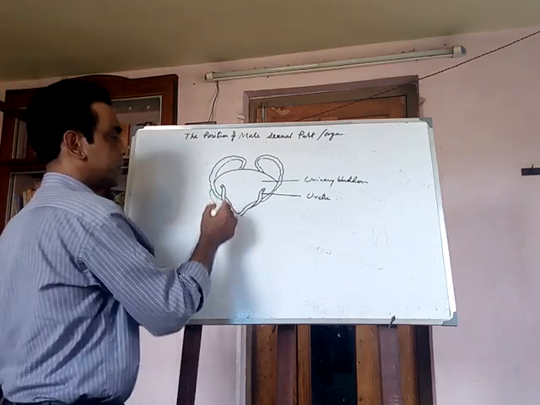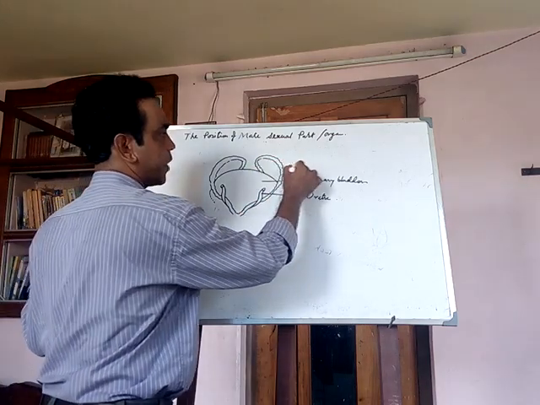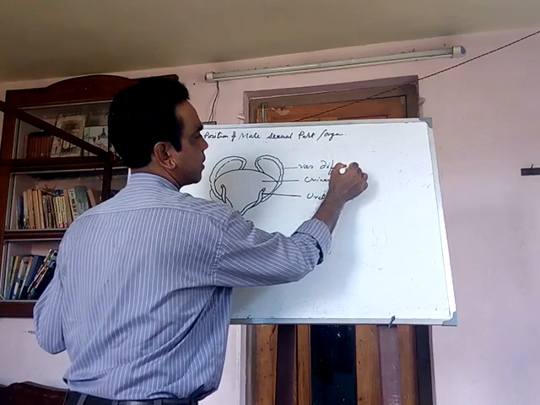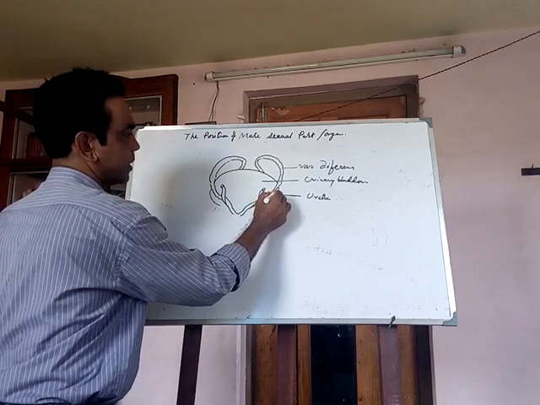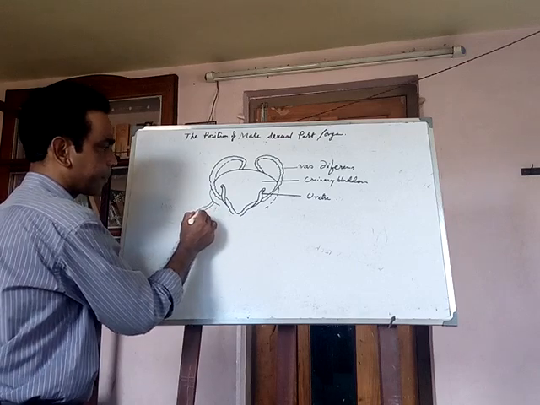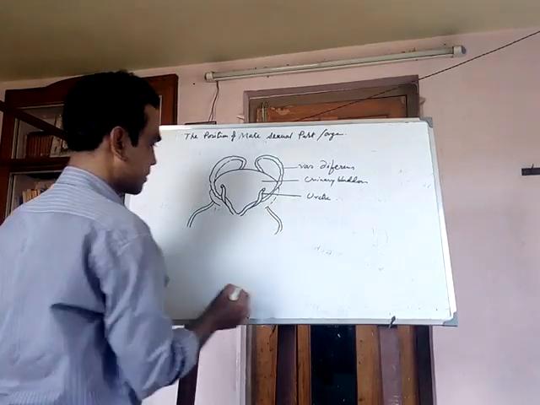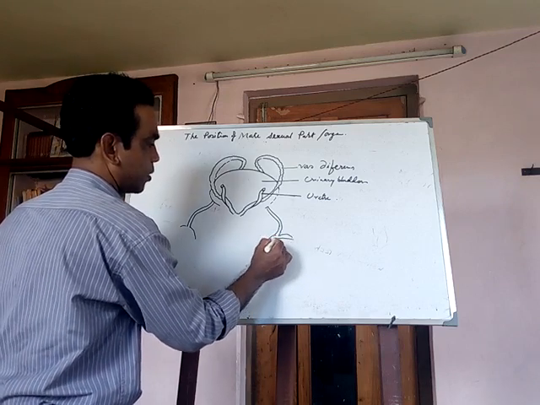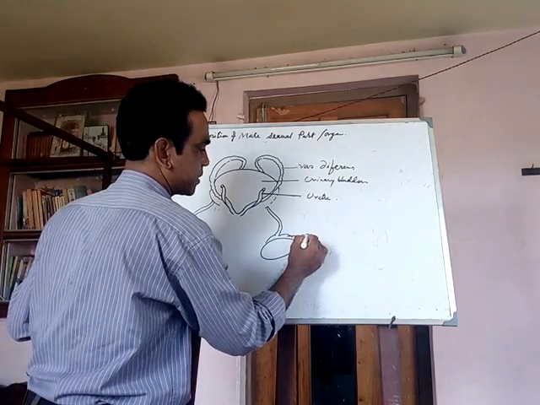When this vas deferens part is present behind the urinary bladder, then it meets into this structure, that is called the testis, and that is called epididymis.